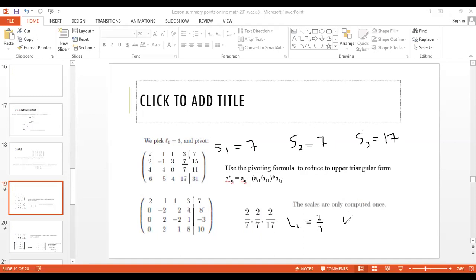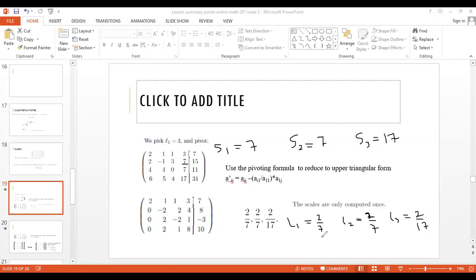L2 is 2 over 7. Then L3 is also 2 over 7. Okay, good. So we look for the optimal value.